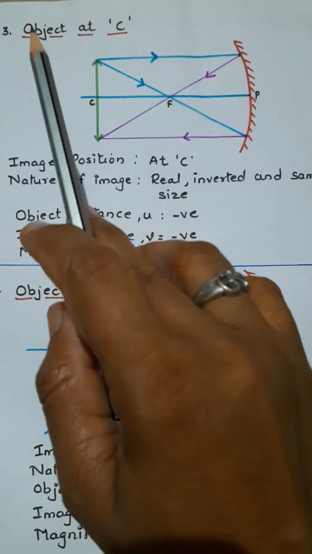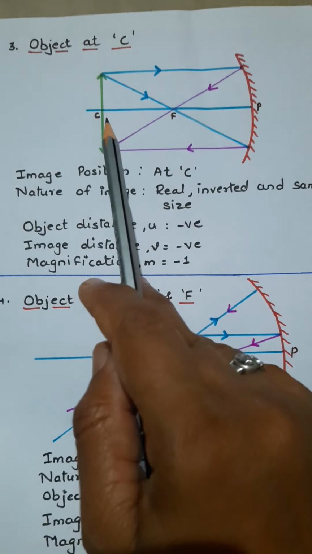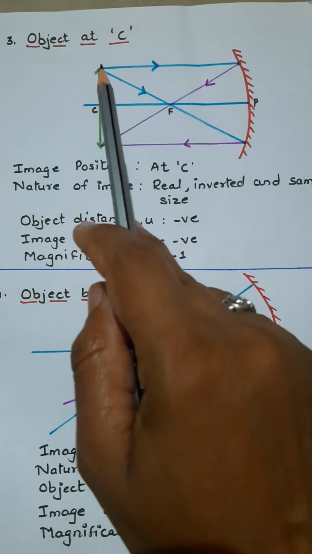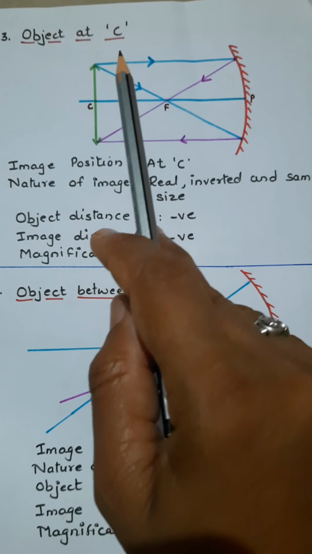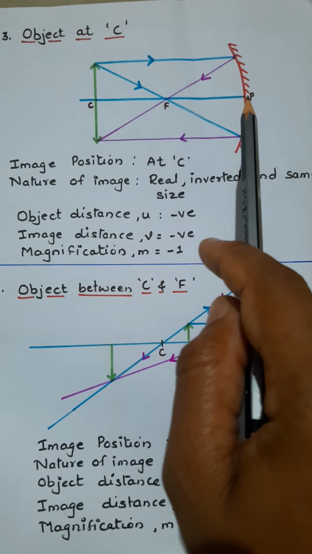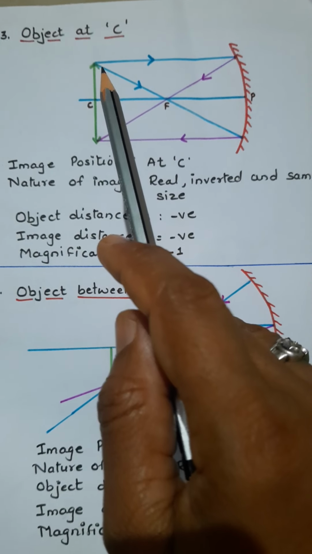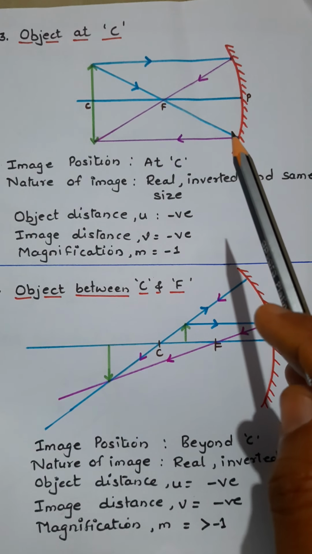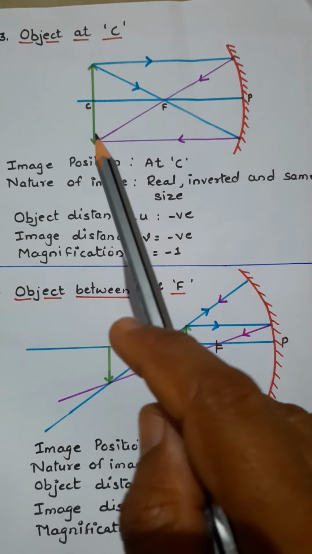Next, we are going to consider our third case, when the object is placed at the center of curvature itself. So you can see the object is drawn here exactly at the center of curvature. In this case, we are going to consider a ray of light parallel to the principal axis, which will pass through the focus after reflection. Another ray of light which is passing through the focus we are going to consider now, which will emerge parallel after reflection.